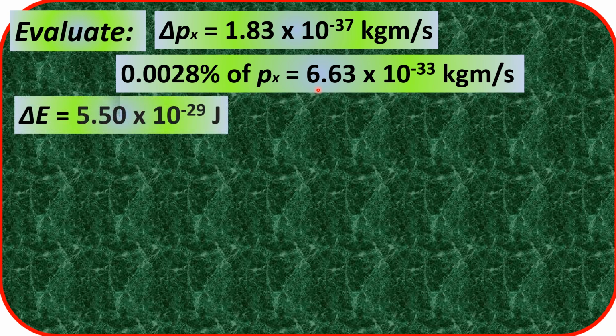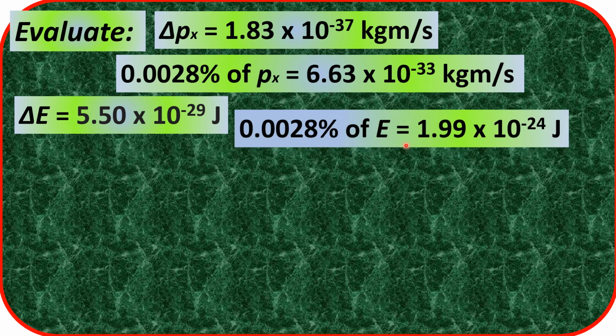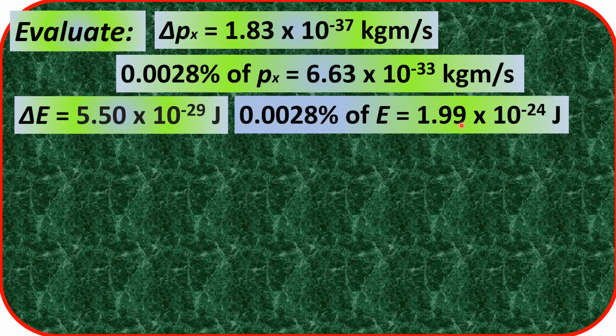Likewise, when we compare the value of the given minimum energy uncertainty delta E, which is 5.50 times 10 to the negative 29 joules, with our answer in part C, the computed average photon energy equal to 1.99 times 10 to the negative 24 joules, it also comes out that delta E is also 0.0028% of the average photon energy.